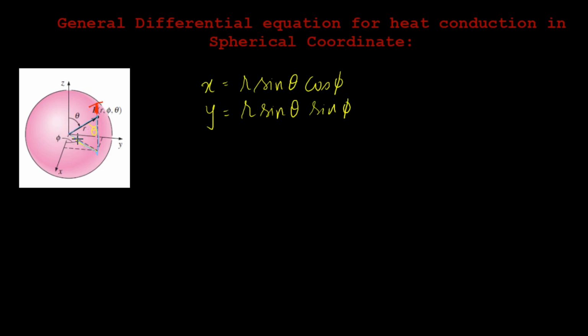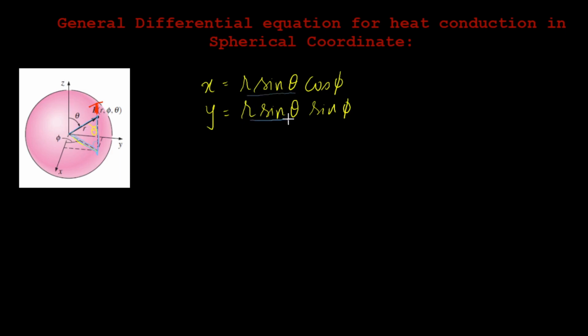If I want the length of the projected line on xy plane, r will be our hypotenuse, this angle is 90 degrees, and this is the angle theta. So this side becomes the opposite side, and the length of this line will be r sine theta.